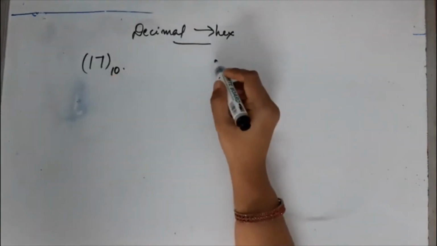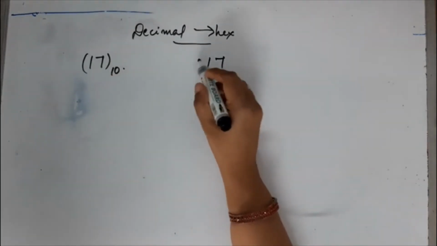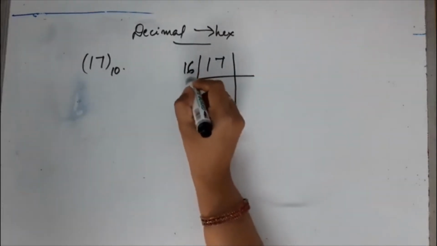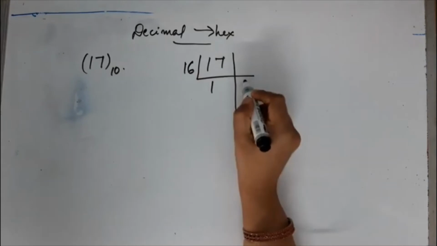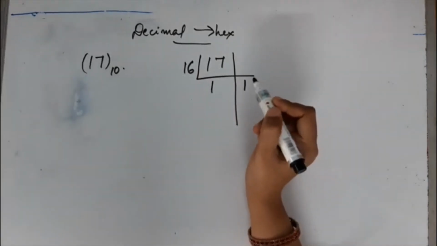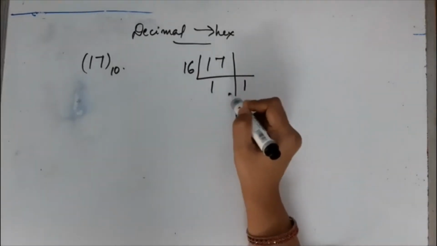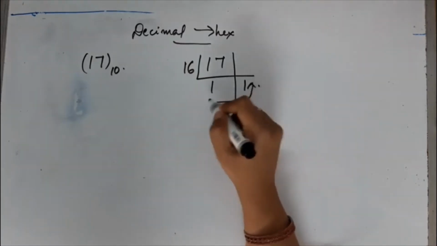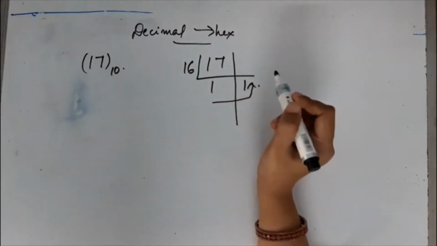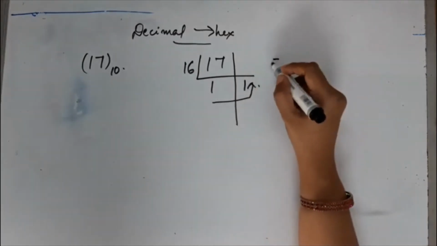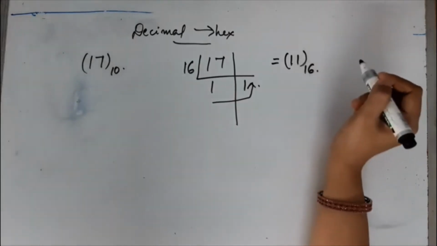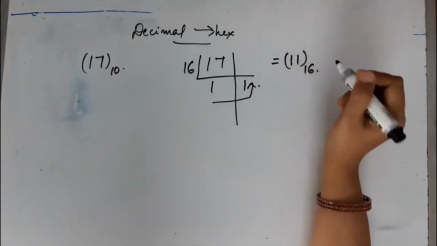So 17 you need to convert to hex. So 17 divided by 16, 1 times 1. Okay. So in this case both are ones, but anyway we have to take from down to up. So that will be 11 to the base 16.